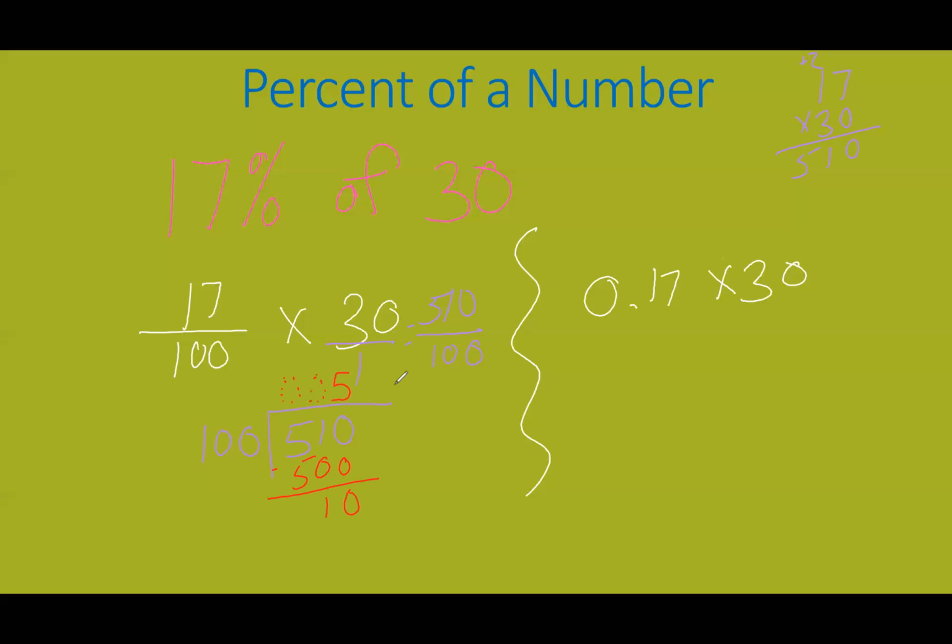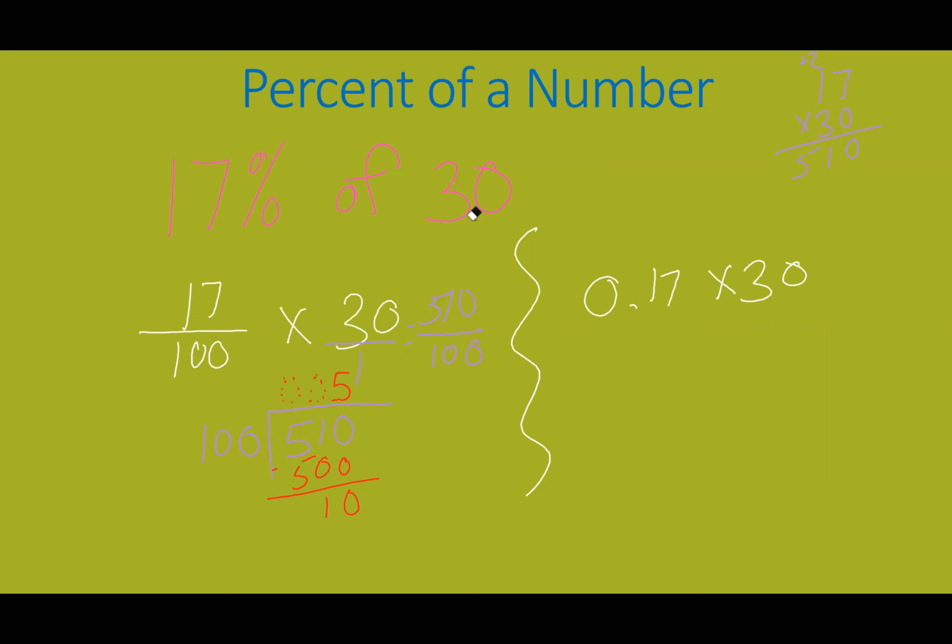Now, what we would have done in 4th grade, remainder 10. What we would have done at the beginning of the school year, we would have said 10 over 100, which reduces to 1/10, right? But we're talking here about percents, and what goes along with percents are decimals.